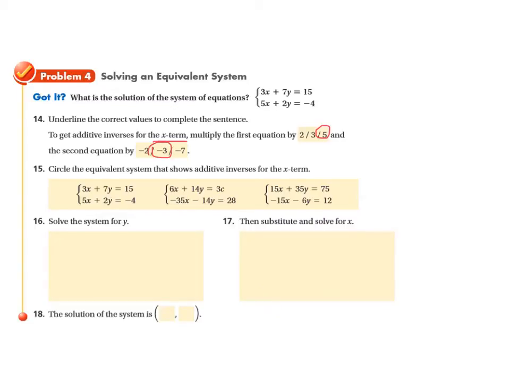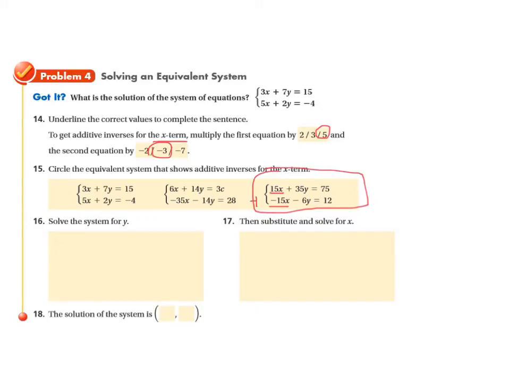That's going to create the same number, which is 15. 5 times 3 is 15, and negative 3 times 5 is negative 15. So we are going to have coefficients of a positive 15 and a negative 15.